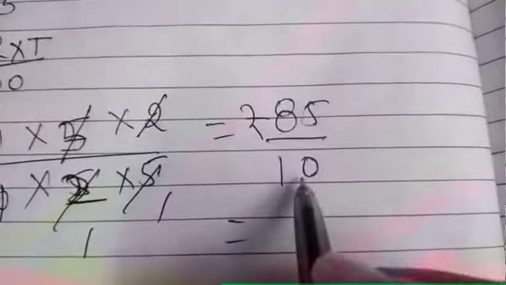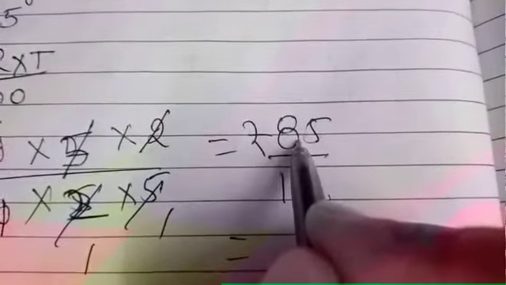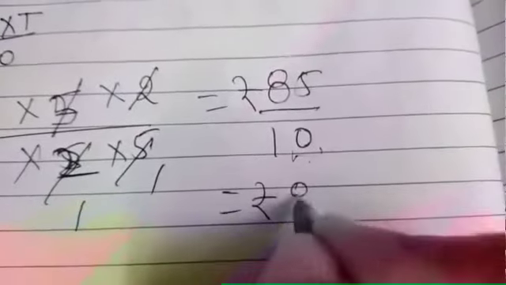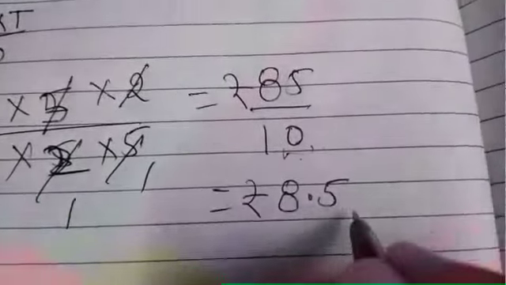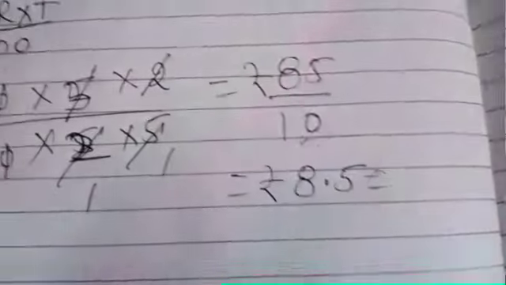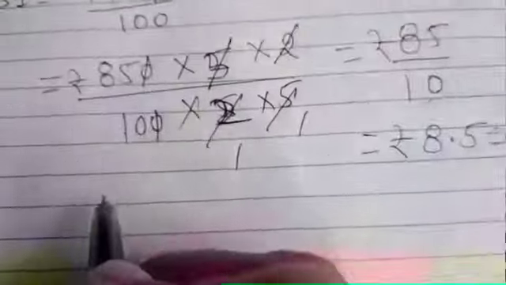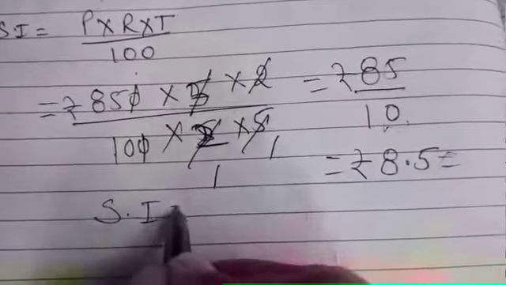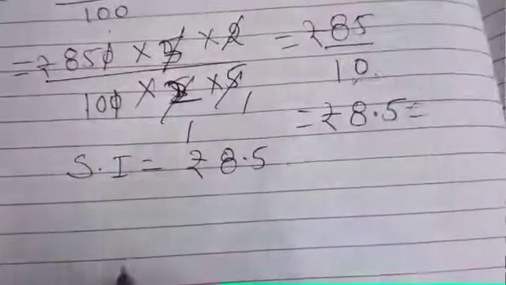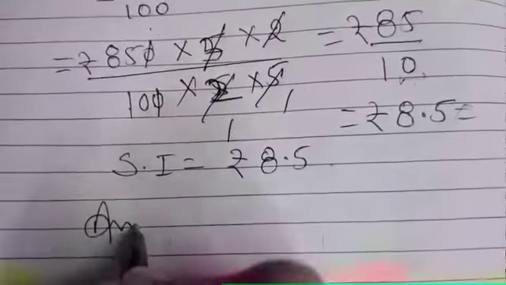Decimal will be applied after 1 digit, as there is 1 zero. If there is one zero, the point goes after one digit, if there are 2, the point goes after 2 digits. So the answer becomes 8.5. Either you can write 0 here, or otherwise it's fine. Okay, so we have found the simple interest, that is 8.5 rupees.